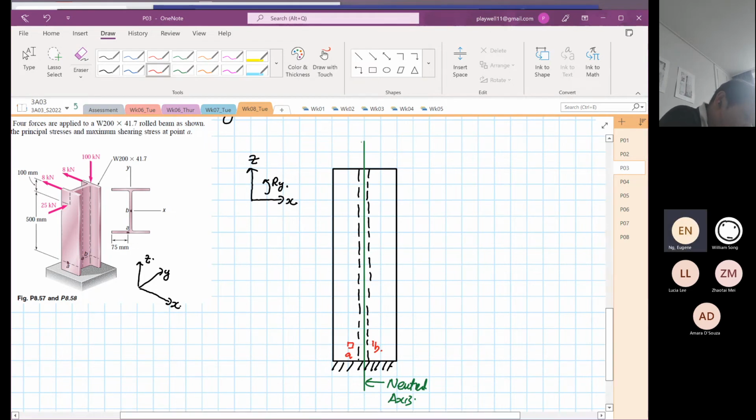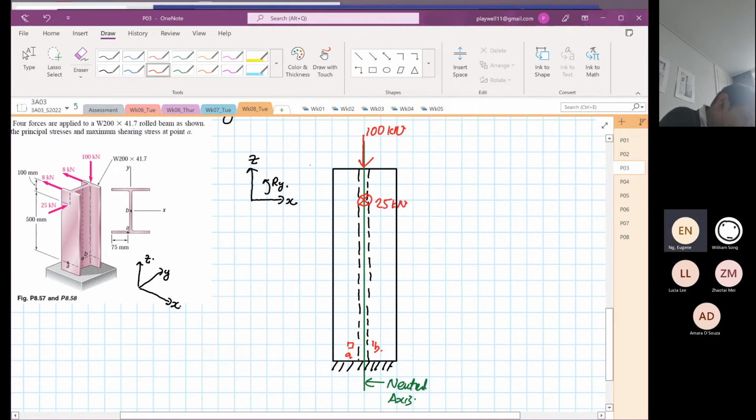Then we put in our forces. We have one force coming down here at 100 kilonewton. Then we have a force pushing into the structure, which is 25 kilonewton.